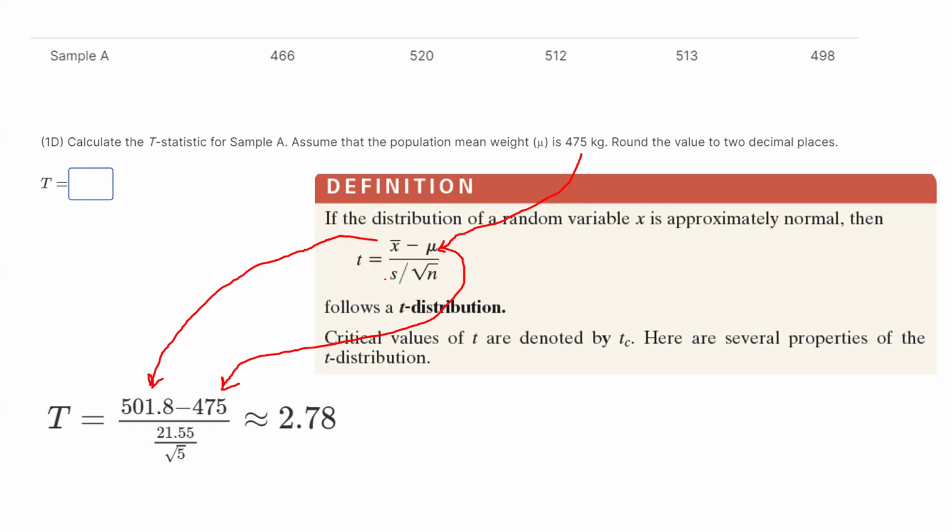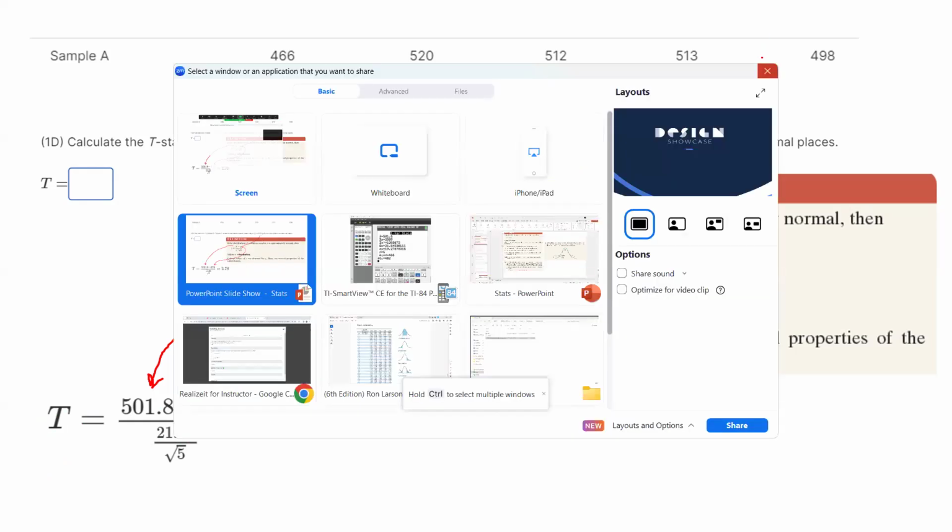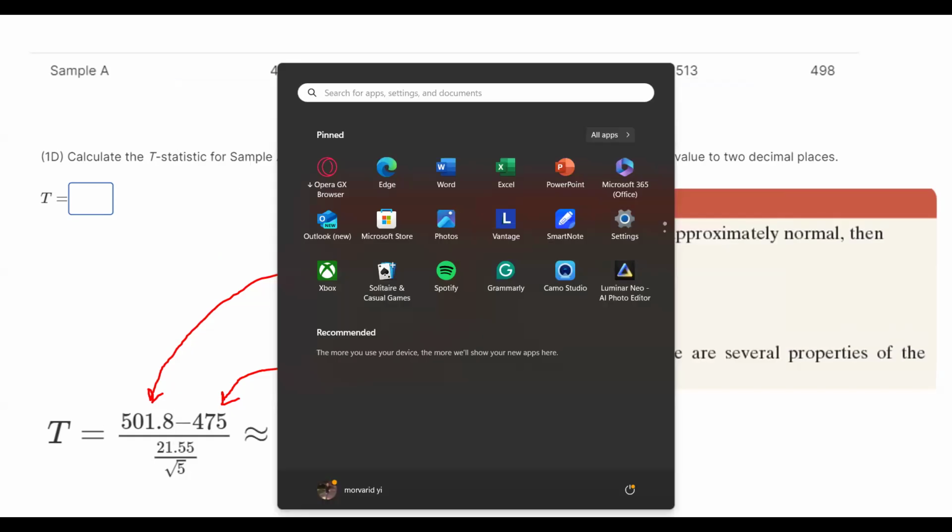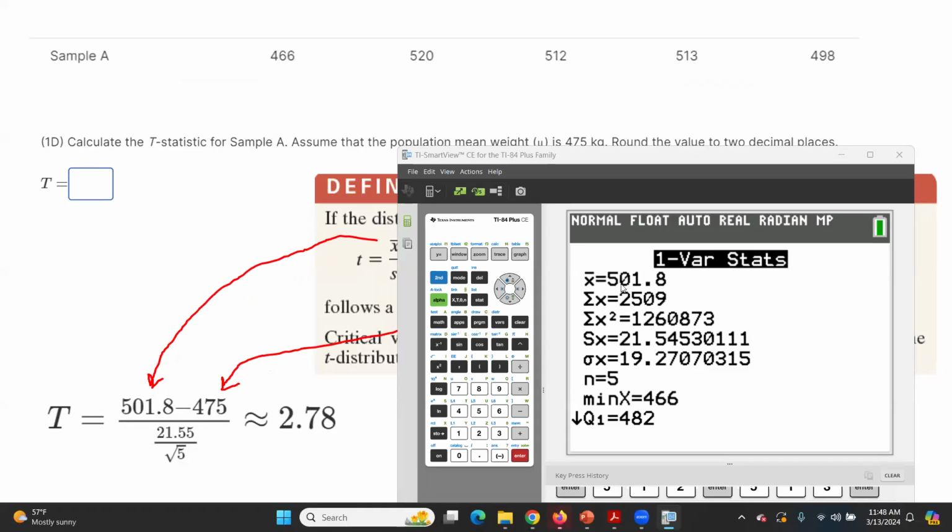X bar minus mu divided by S over square root of n. Again, if I share the screen with you, you can actually see the calculator as well with the information that you calculated before. 501.8, which is your sample mean. 21.55 is the sample standard deviation. So you easily calculate the T or test statistic for your T distribution.